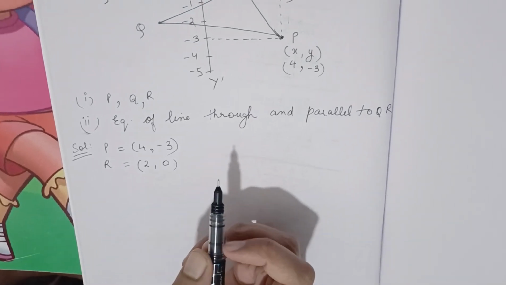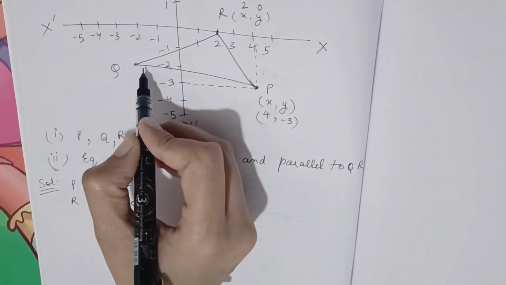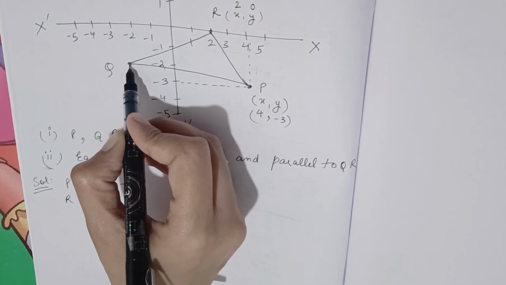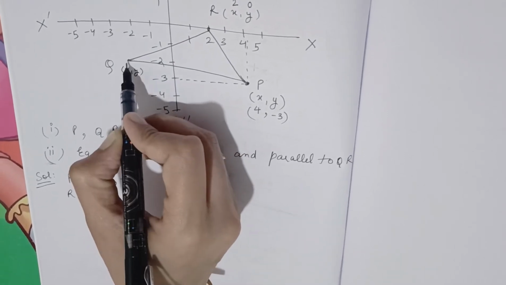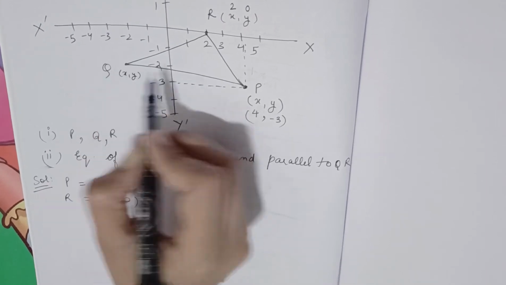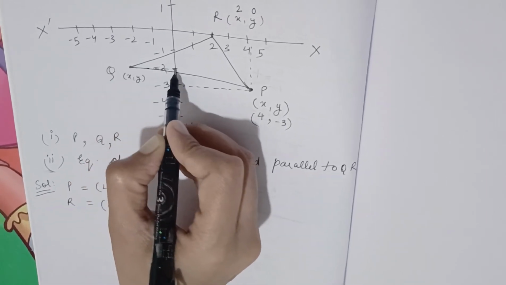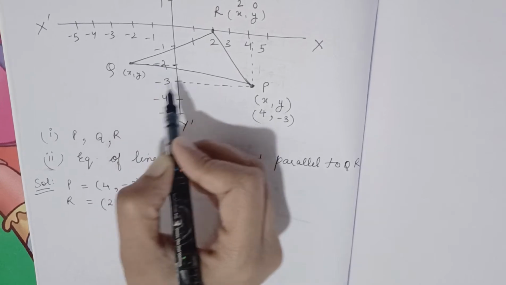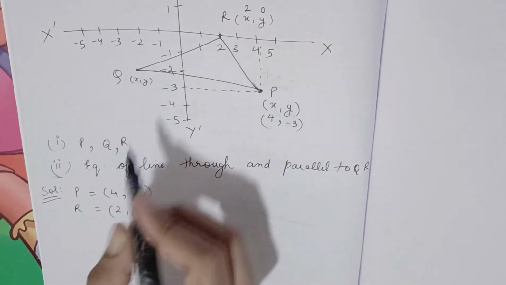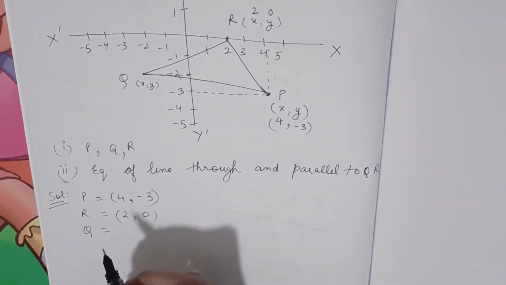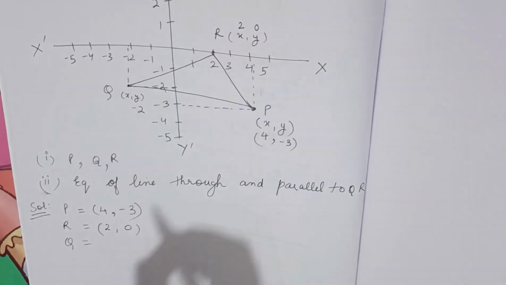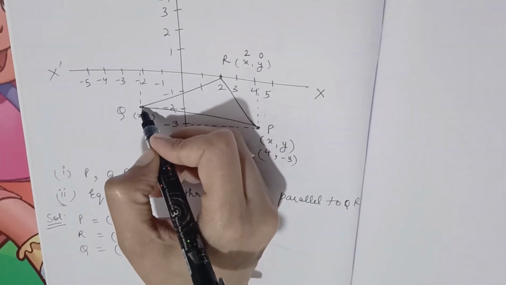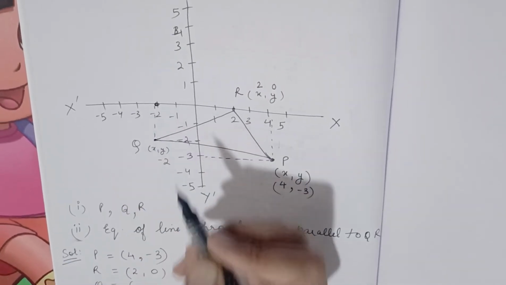Now let's find the coordinates of point Q. For Q you just have to see the point's coordinates just opposite. Opposite to the y-axis you can see the point is -2, and if you see the x-axis, opposite to the x-axis is also -2.